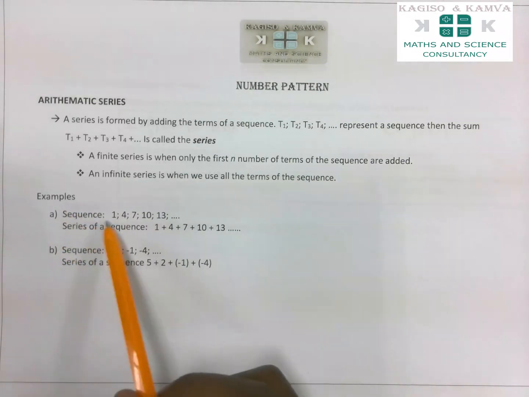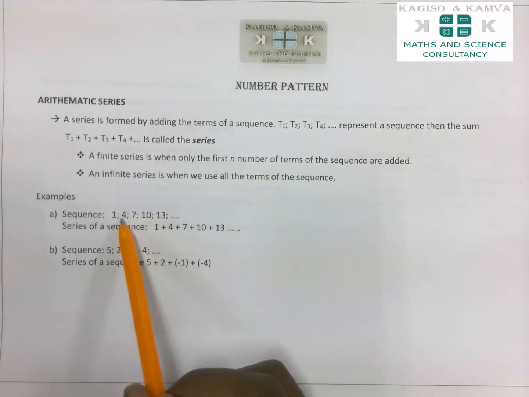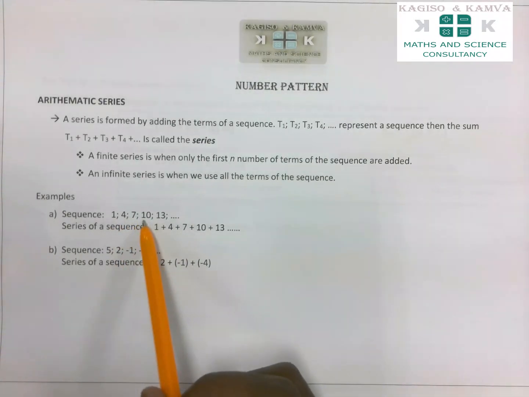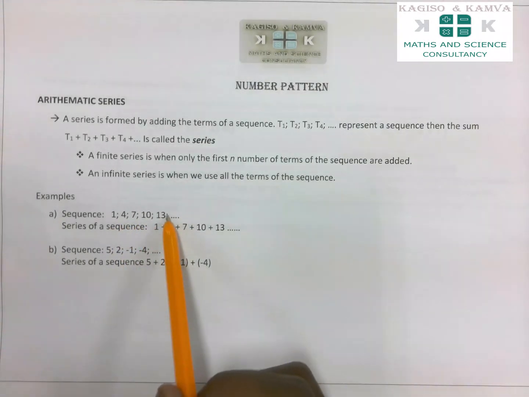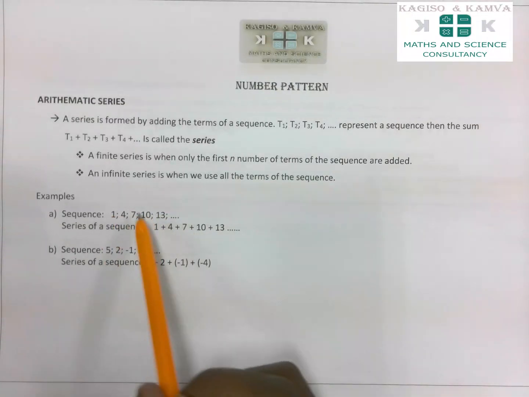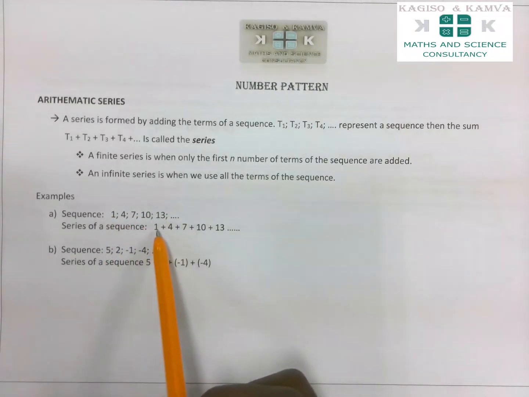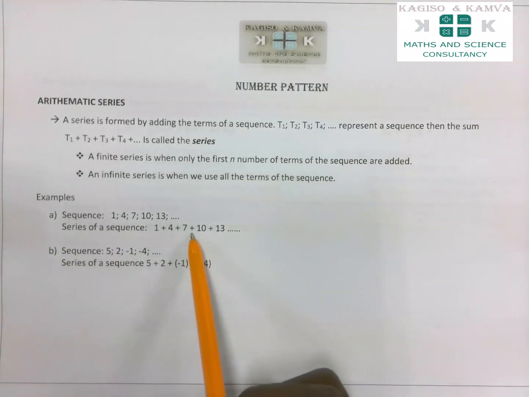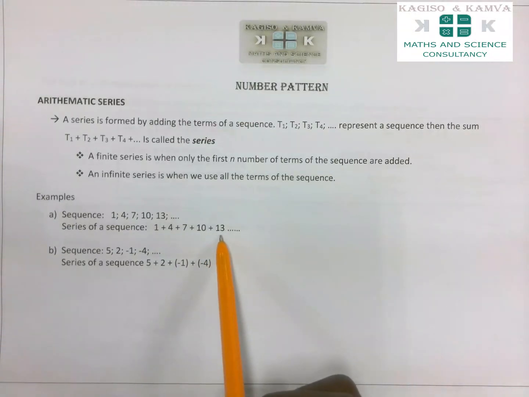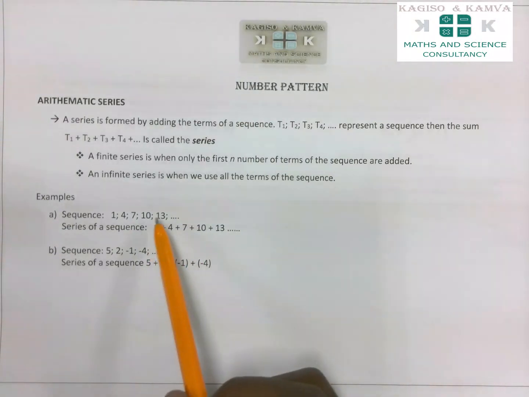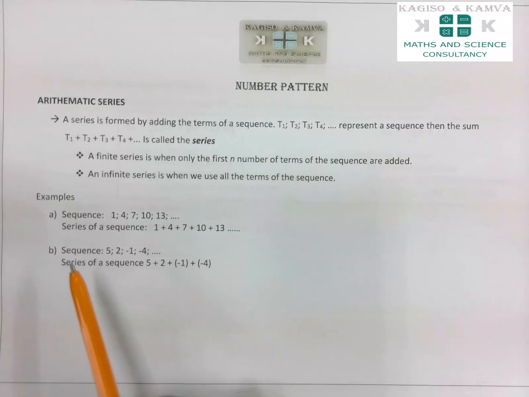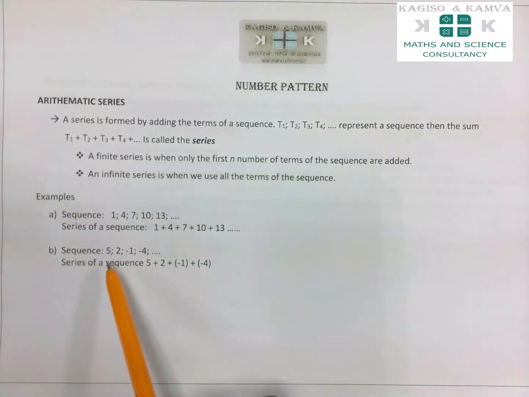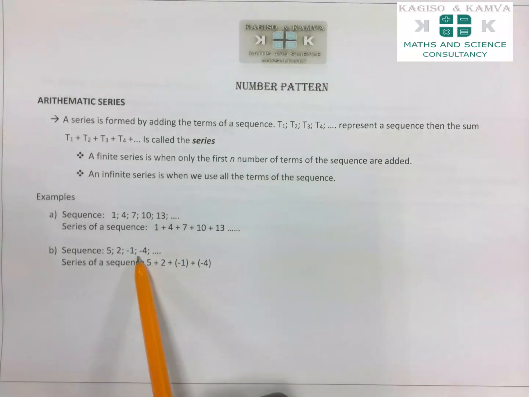Now we've got this sequence: 1, 4, 7, 10, 13. So what will be the series for this sequence? That will be 1 plus 4 plus 7 plus 10 plus 13. Example 2, let's say we've got 5, 2, negative 1, negative 4.